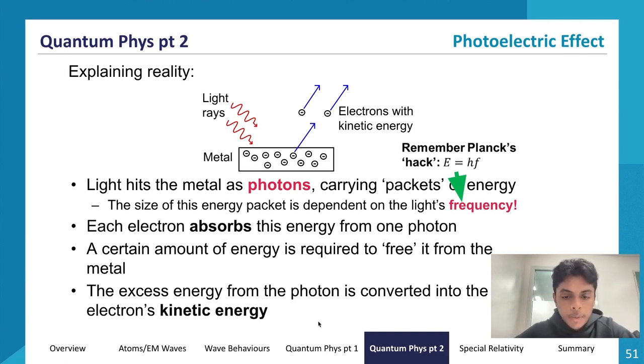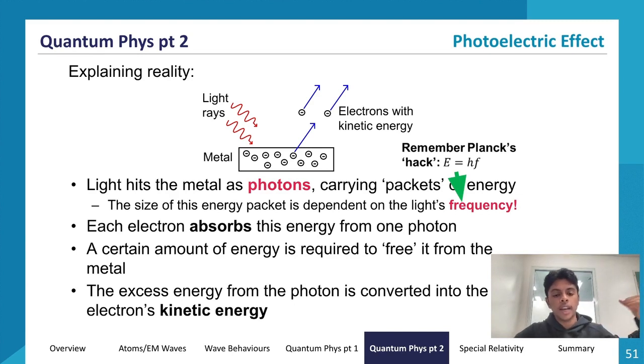The excess energy from the photon is converted into the electron's kinetic energy. So if the photon has an energy of 2, and the amount of energy required to free the electron is 1, the electron will leave with a kinetic energy of 1, because 2 minus 1 is 1. Same if the photon had an energy of 3: hitting an electron with a requirement of 1, the electron will leave with a kinetic energy of 2.